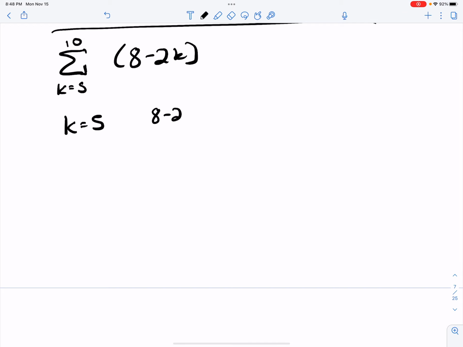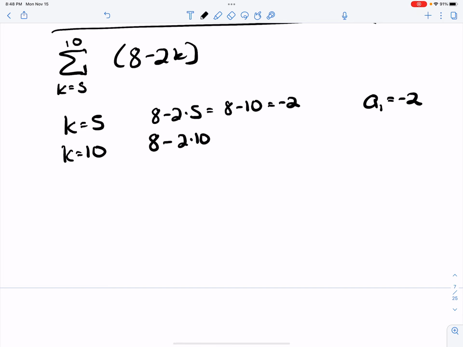So 8 minus 2 times 5. So 8 minus 10, which is negative 2. So a sub 1 is negative 2. And when k is 10, so we're looking at those extremes, 8 minus 2 times 10, so 8 minus 20, which is negative 12.